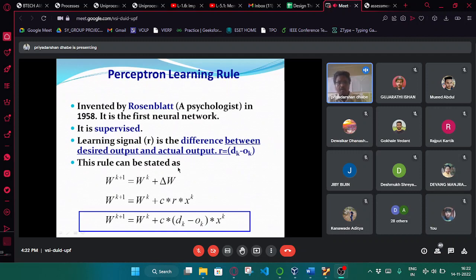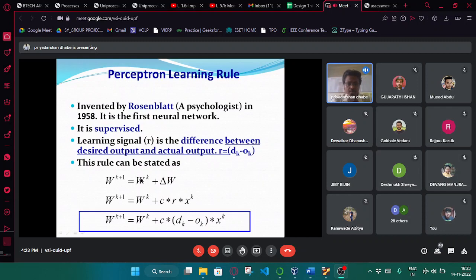The perceptron learning rule can be stated in mathematical form like this: W of k plus 1 is equal to W of k plus delta W. W of k plus 1 is the weight vector W of a single perceptron neuron at the k plus 1th instance, equal to the weight vector of that neuron at the kth instance plus delta W. Delta W is a small increment suggested in the weight vector, calculated as C multiplied by R multiplied by the input vector X given at the instance k.